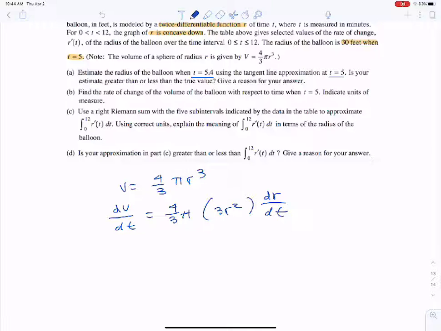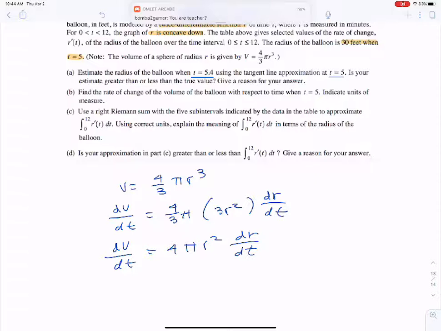From here, we can simplify that, and we get 4 pi r squared dr/dt. In regards to taking the derivative implicitly, do you have any questions?